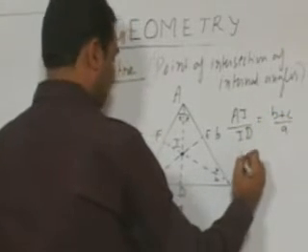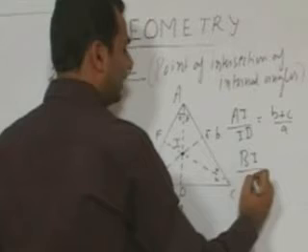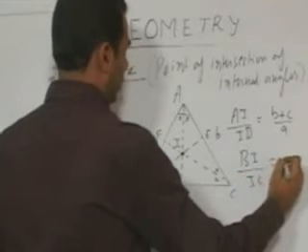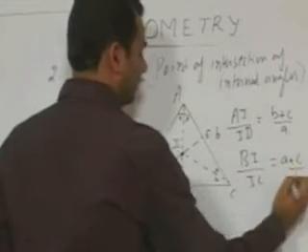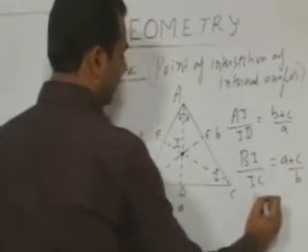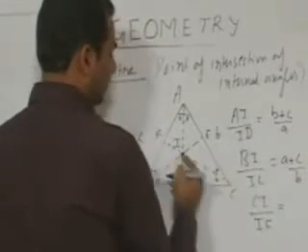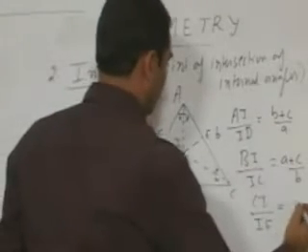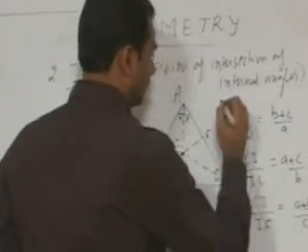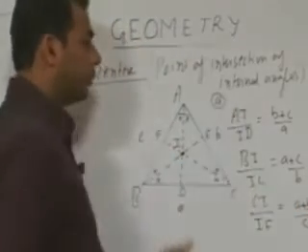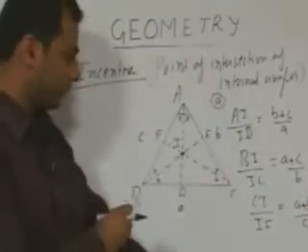We can also say that BI by IE is equal to (a plus c) divided by b, and CI divided by IF is equal to (a plus b) divided by c. This is the first property related with the in-center here.